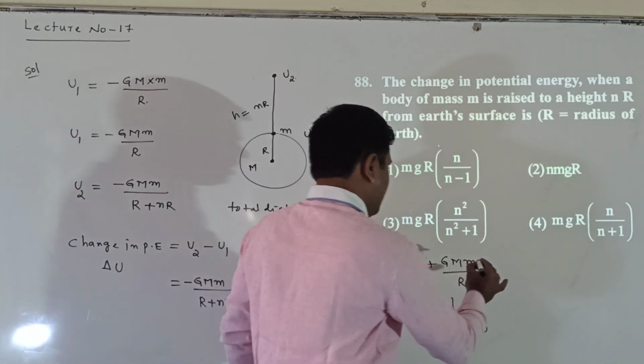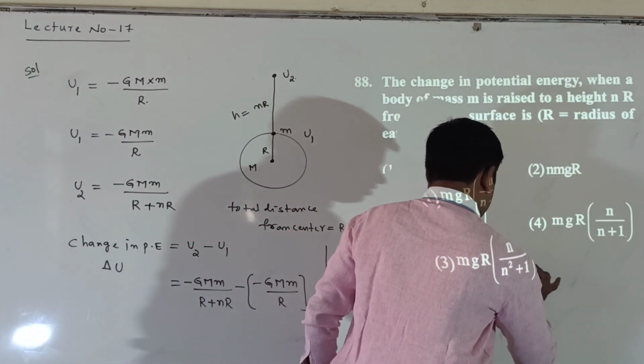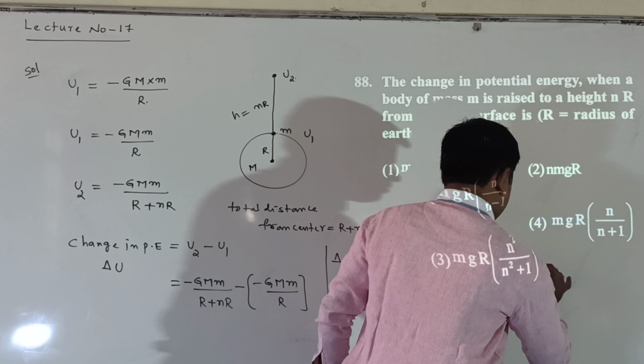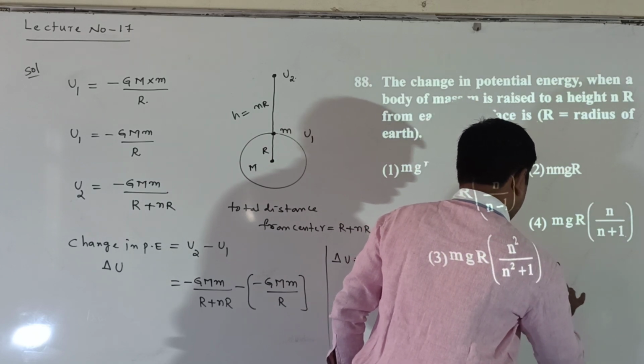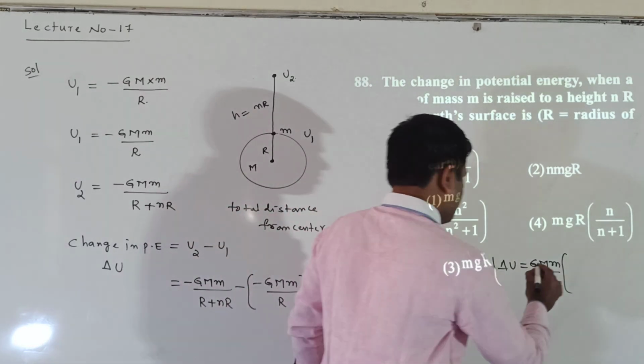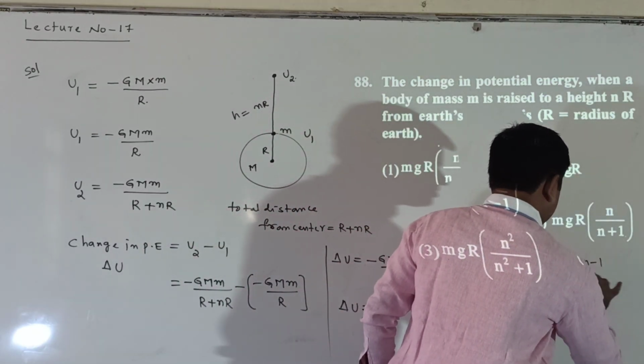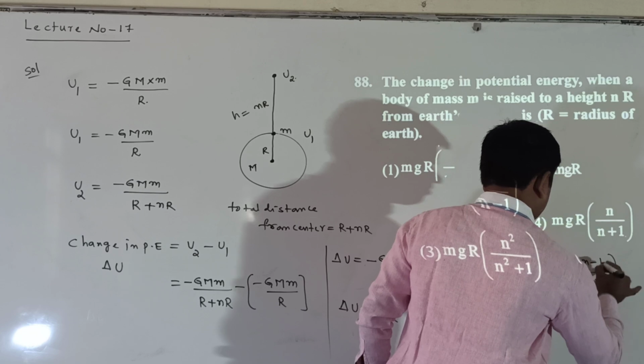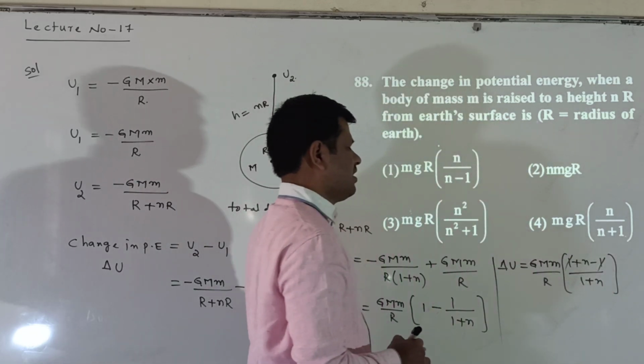So I am calculating the delta U value. Delta U is equal to GMm by R, the LCM is 1 plus n, so I write (1 plus n minus 1) by (1 plus n). Here plus 1 minus 1 is cancelled.